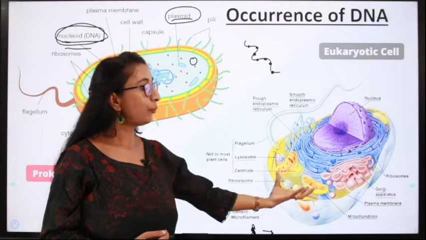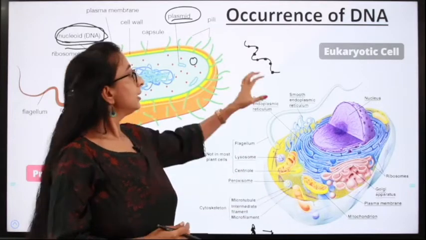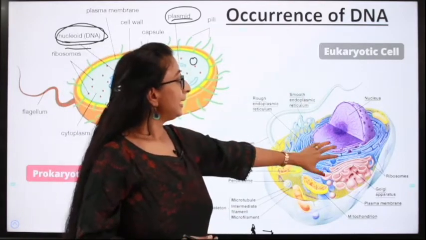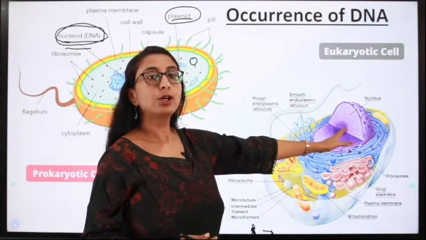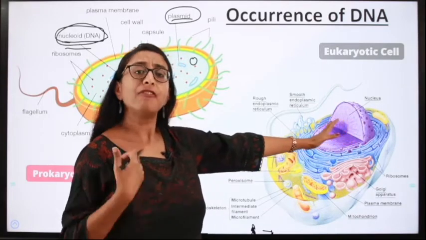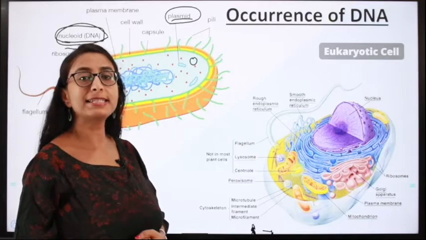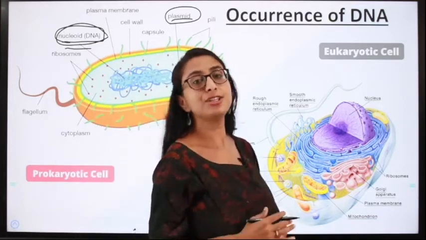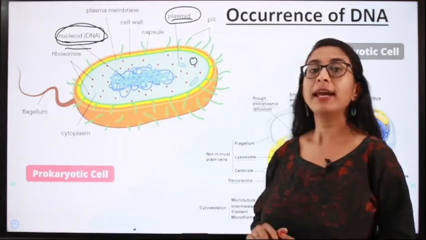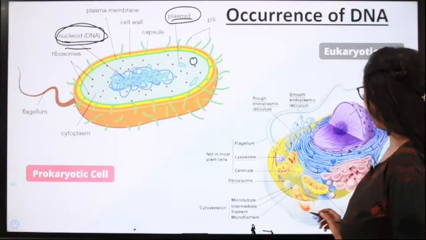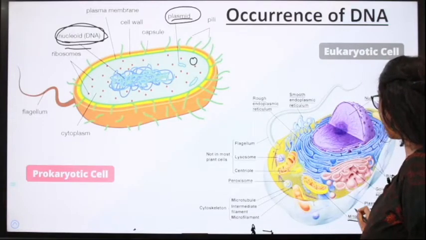So it is an advanced form, isn't it? In a eukaryotic cell, in addition to the chromosomal DNA, do we have DNA in any other organelles? Yes. In addition to chromosomal DNA, in eukaryotic cells, you can find DNA in mitochondria.